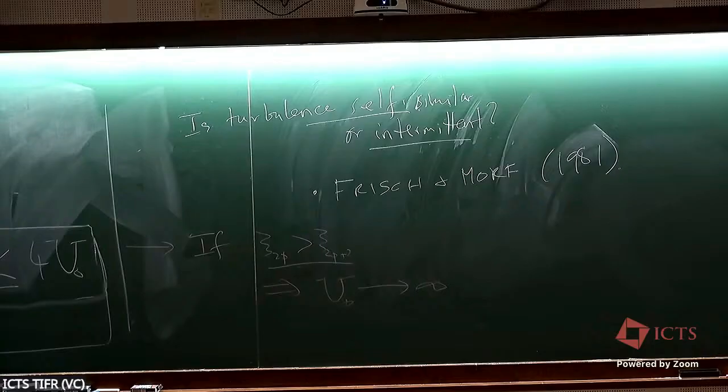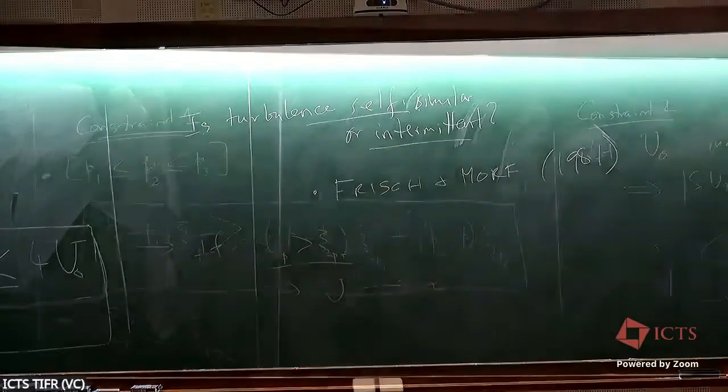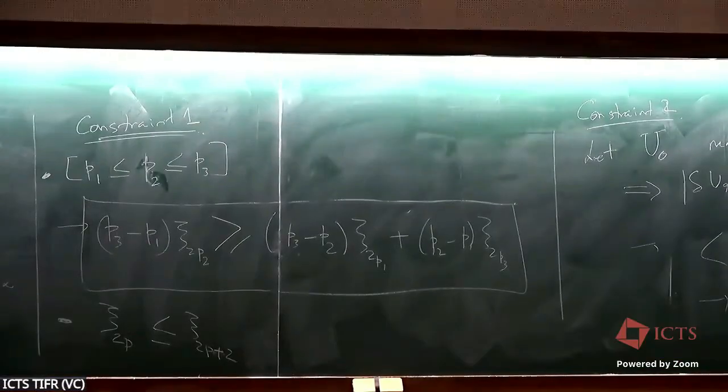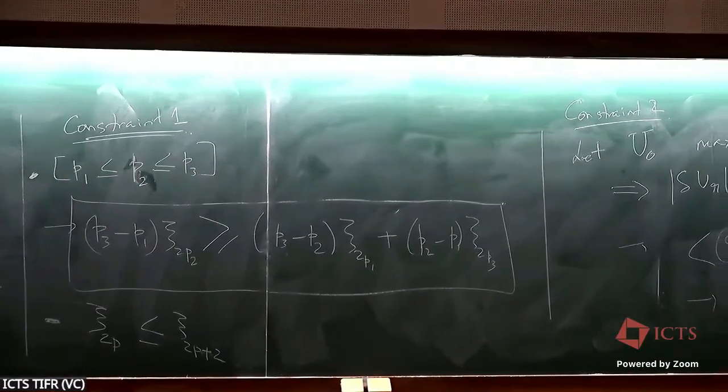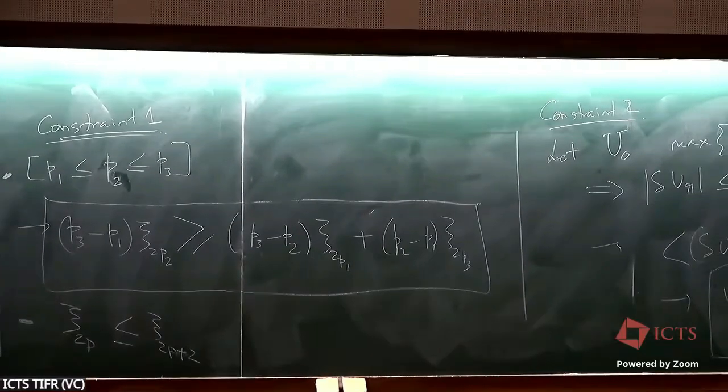All right. Again, as you see from the data that we have from turbulence, that second constraint also seems to be satisfied. That second constraint, by the way, certainly allows a scenario where at large P, these might end up being constants.